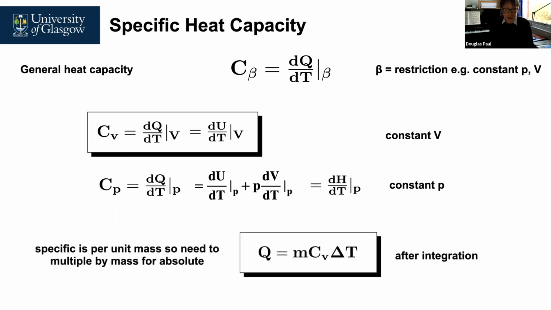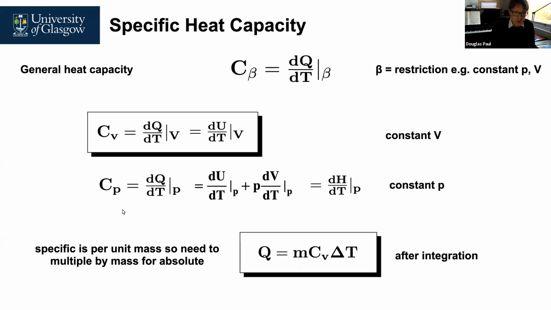Now, the equation that we used in the last lecture was this: heat as energy equals the mass times the specific heat capacity at constant volume times the change in temperature. This just comes from this equation after integrating it up.